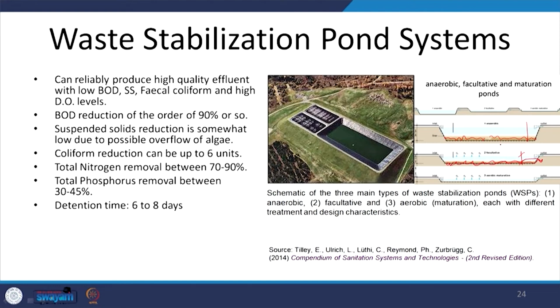Once the water has clarified, it is taken to the third pond, which is very shallow, where the entire water volume is mixed with oxygen, and with this process of aerobic maturation, the water is treated and clarified water is taken out. It is a highly effective treatment system, but it requires a huge amount of land.